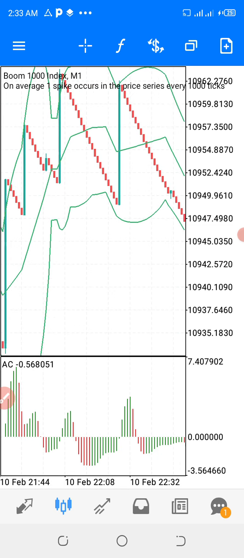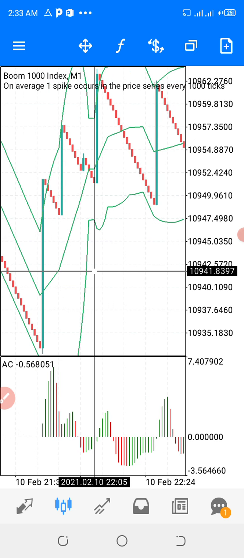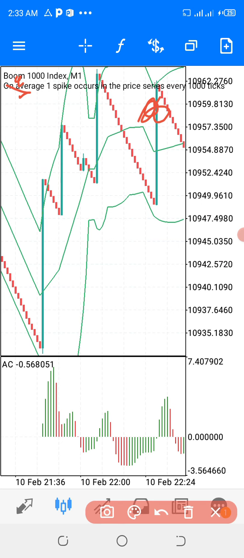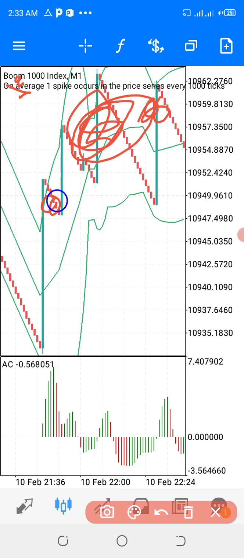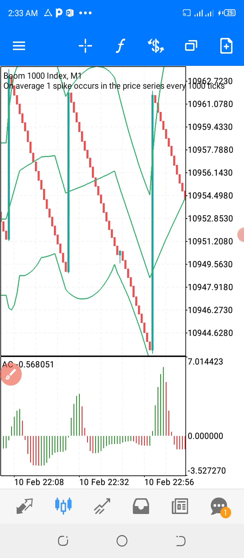Of course here it can be two up. Let's say you enter the trade here, then here is two up. Then you've seen it went down.